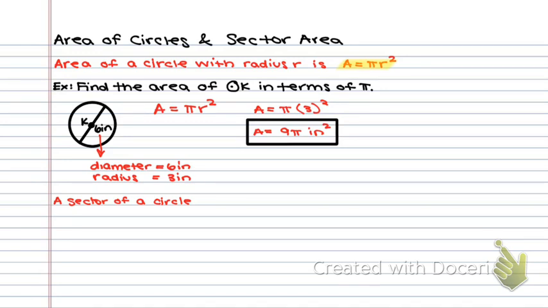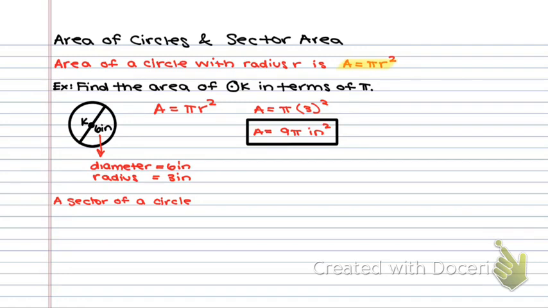The next part, however, is what's new to you, which is a sector of a circle. Now, sector of a circle is very similar to arc length in that it represents a fraction of the area, just like arc length represents a fraction of the circumference.